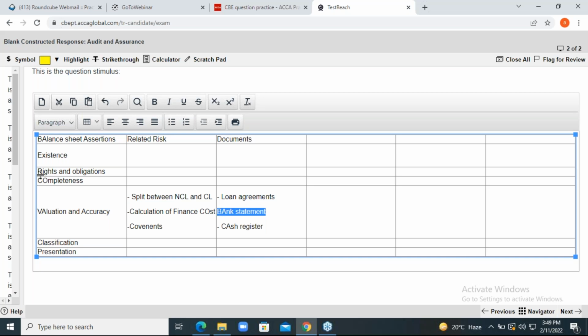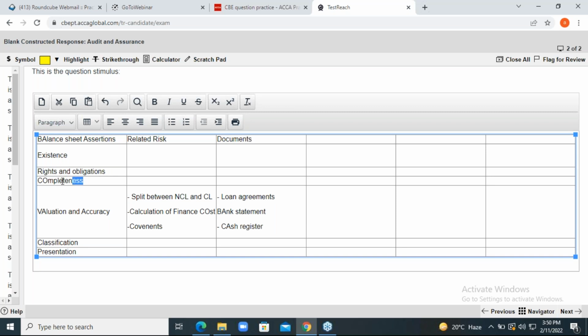Then if you want to confirm rights and obligations, whether this loan is in the name of the company or not, you can check the loan agreement. So you can start with the words: inspect the loan agreement to confirm rights and obligations.